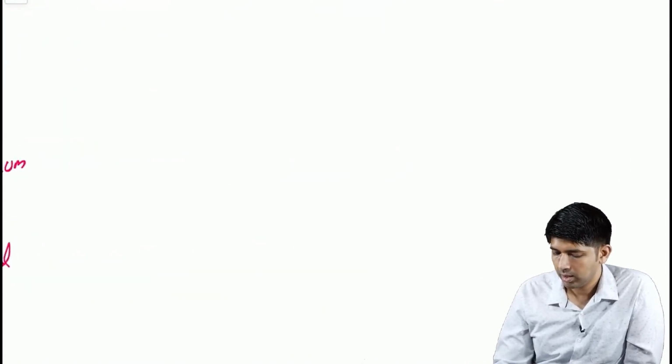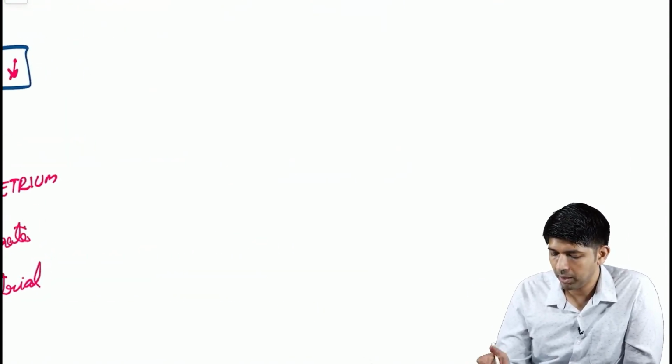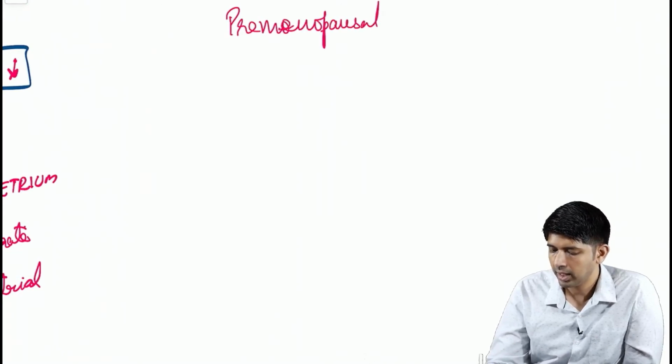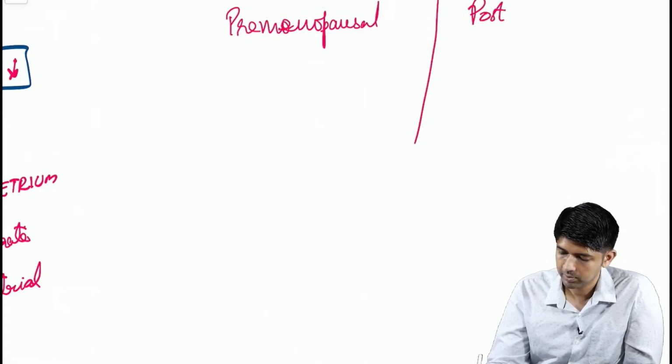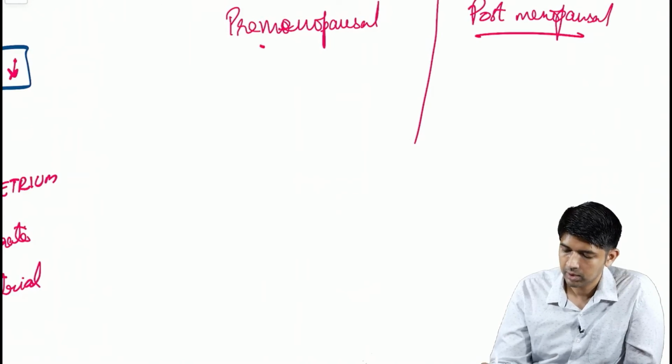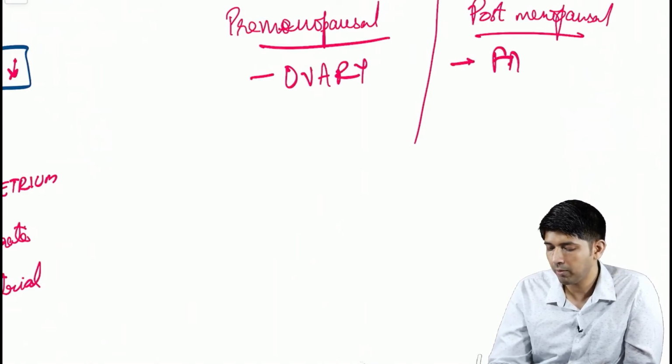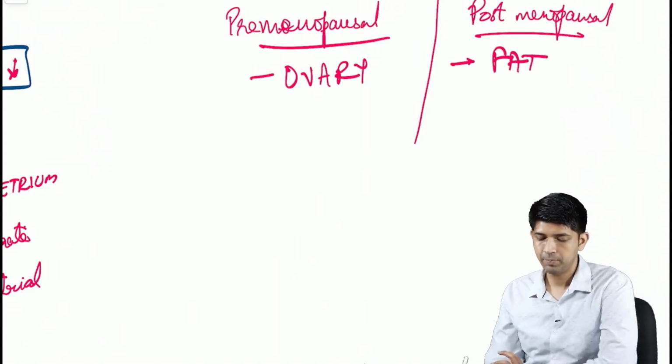Now let us see how we are going to manage premenopausal and postmenopausal. So in premenopausal we have said that the maximum is from the ovary, and in postmenopausal it is from fat, or peripheral conversion.